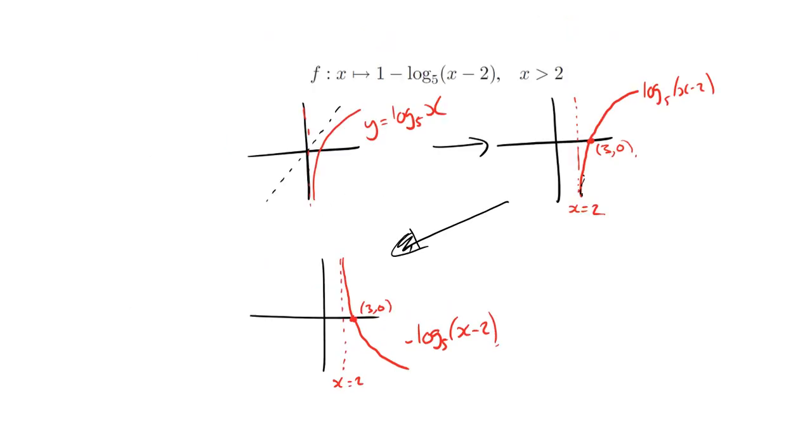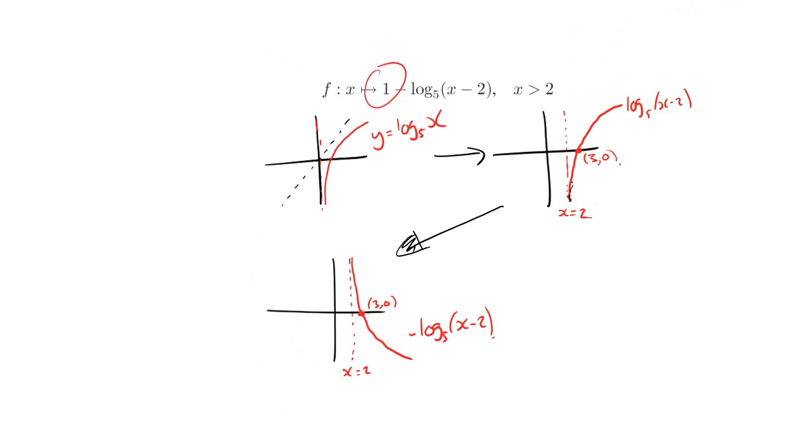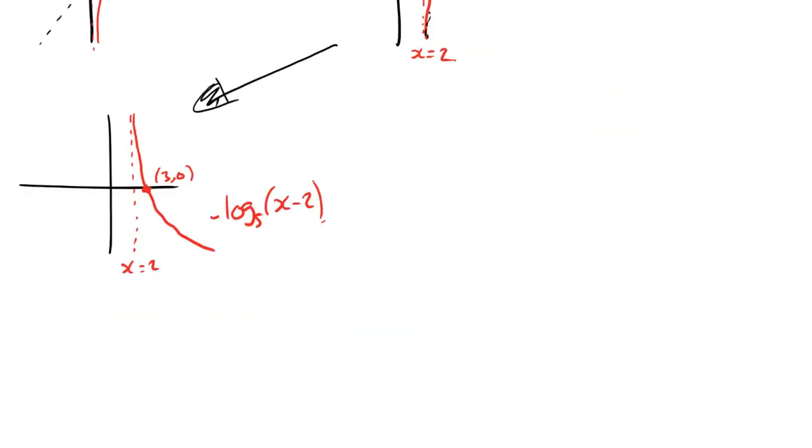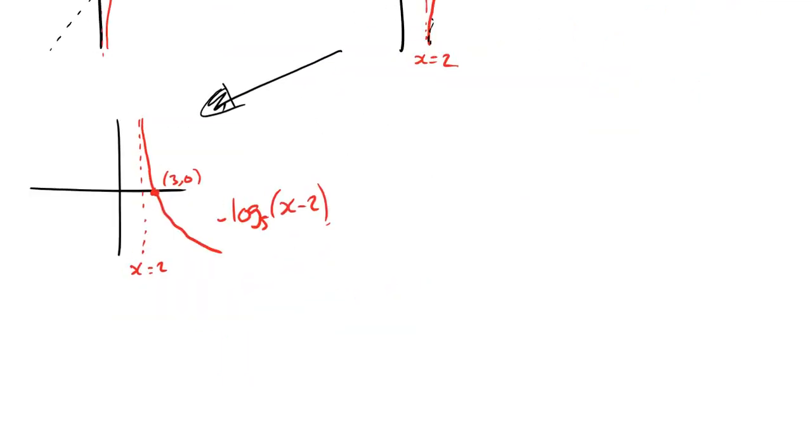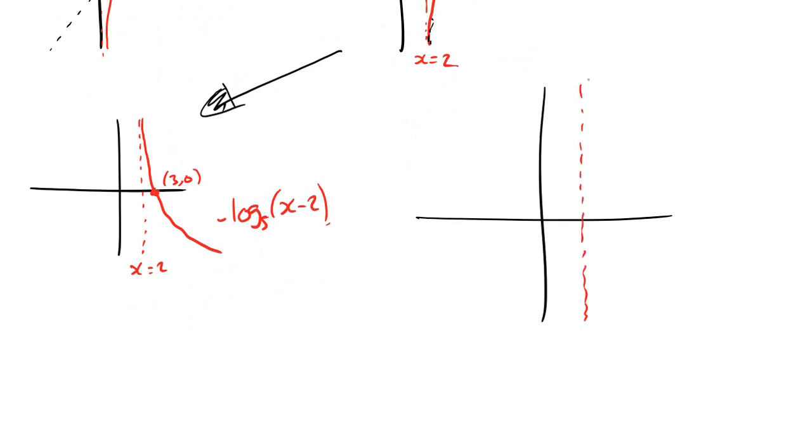Okay, final thing, let's go back to the question. We've got this positive 1 as well. So what is that going to do? It's going to shift everything up one place. So let's try and draw the final function. Now, again, just like in the last example, you're not going to see much of a change in the shape because moving that line up doesn't really do much.